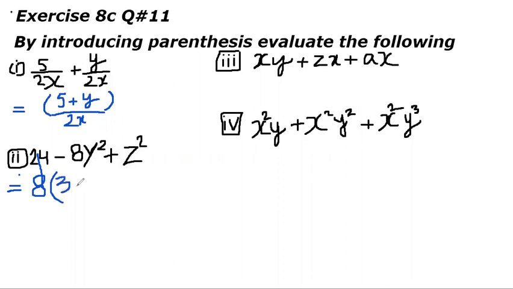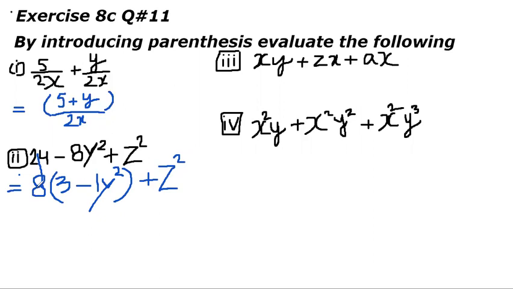Minus, now again I need to know 8 how many times equals 8. 8 times 1 equals 8. So 1y square, parenthesis close, plus z square will be outside the parentheses, meaning there is nothing common in the term z square. Only 24 minus 8y square has a common factor, which is 8.